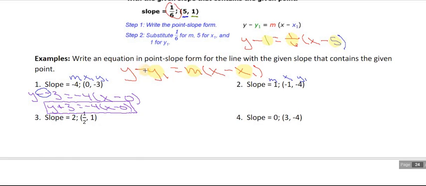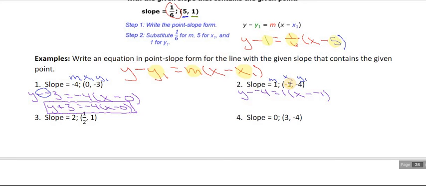So the formula says y minus y1. So we've got y minus y1 is -4. So we've got a double negative here again. Equals m, which is 1, times x minus x1. So x minus my x sub 1 is -1.